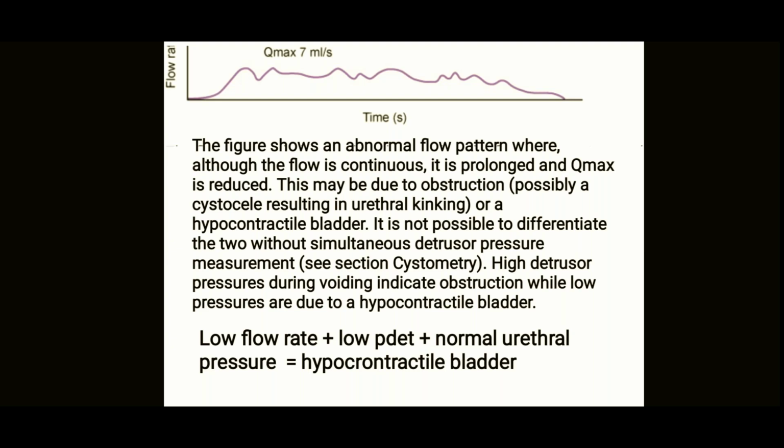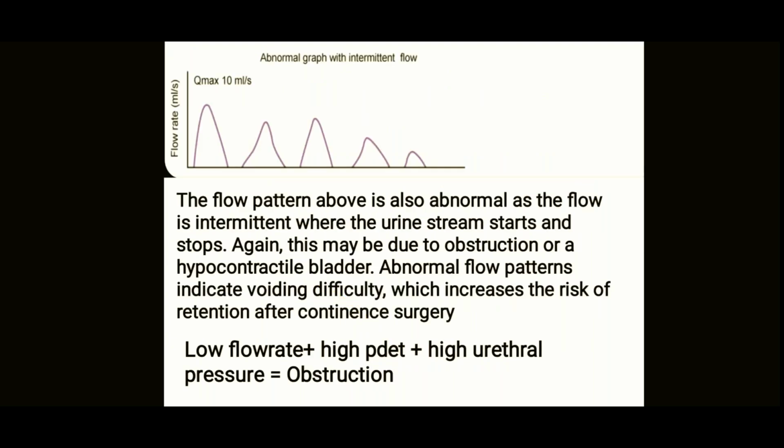Okay. Whereas if the flow rate is low, but the pressure of the detrusor, if it is high, and the urethral pressure is also high, that means the urethral sphincter is working properly. That means there is a problem with the outflow and it is an obstruction. Okay.